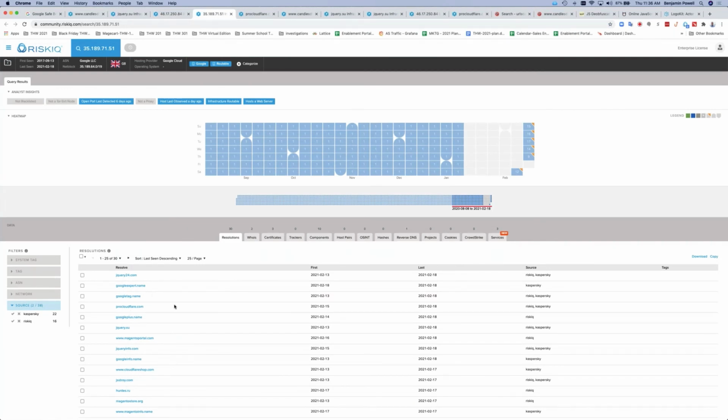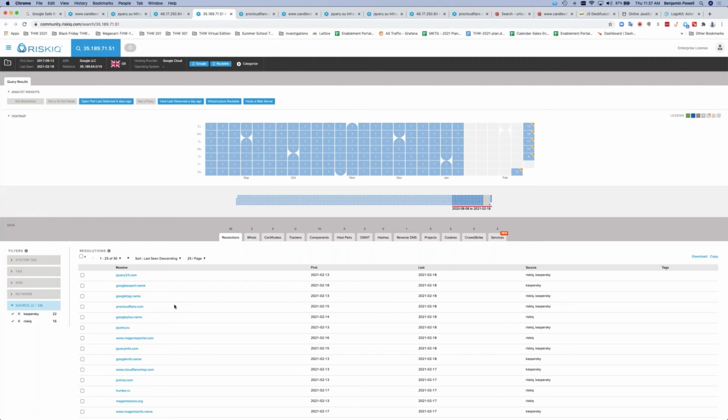So all of these domains are jumping on different IPs now, at different time periods. To me, this is when we look at those multiple points of proof. So this is now suspicious. I saw two of them that were malicious.